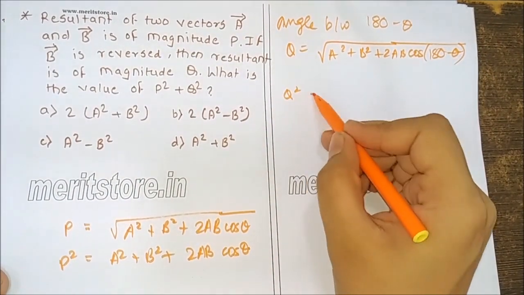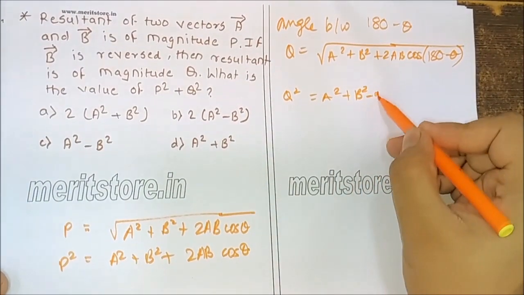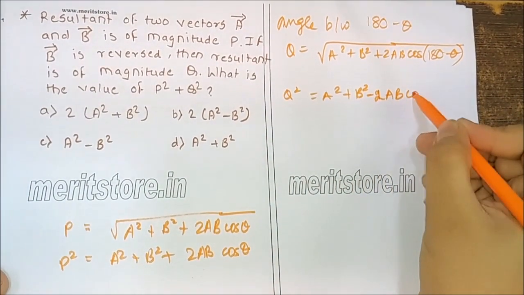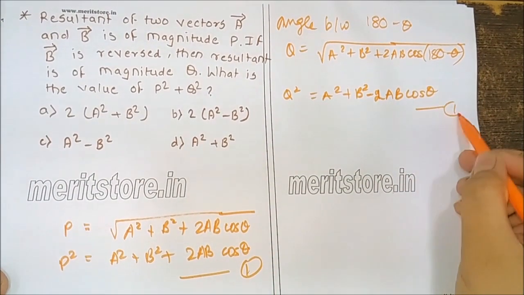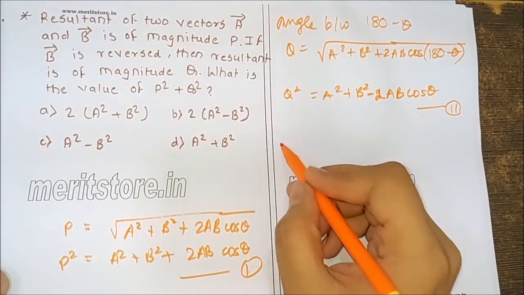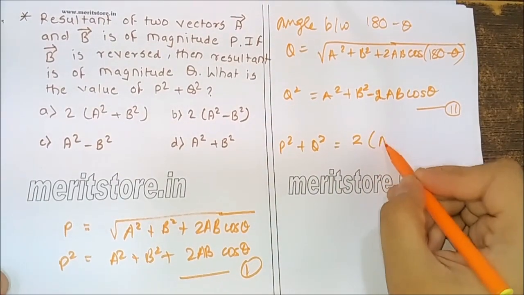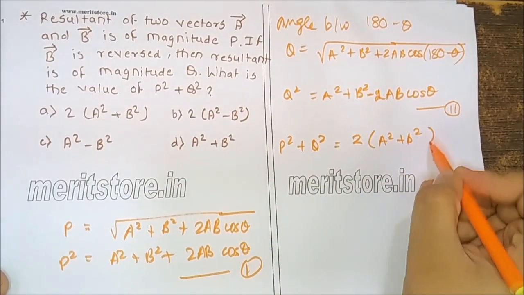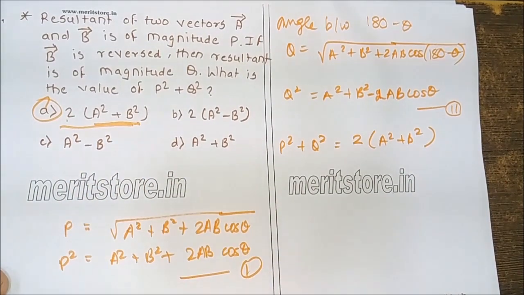Q squared is equal to A squared plus B squared minus 2AB cos theta. I can consider the first as equation number 1 and this as equation number 2. Adding 1 and 2, what we get is P squared plus Q squared is equal to 2 times (A squared plus B squared). So option A, 2 times (A squared plus B squared), is the correct answer.